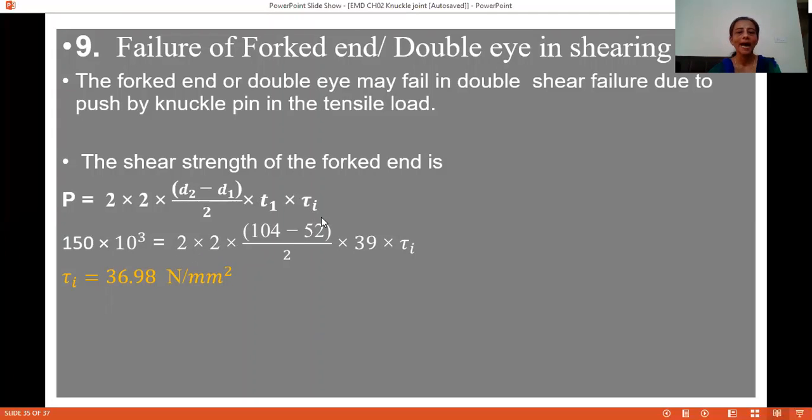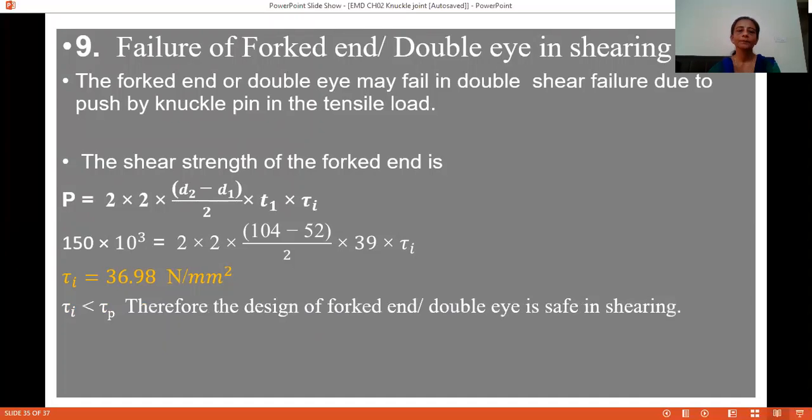Substituting all values here, we can find shear stress induced in the double eye, and it comes 36.98 Newton per mm square, which is less than permissible value. Therefore, design of forked end is safe in shear.